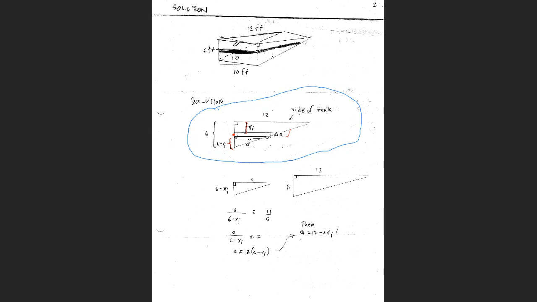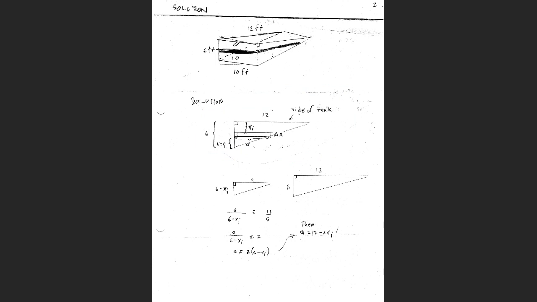Okay, and I need to find an expression for this A. And we know A is going to be some function of x, the distance you are from the top of the tank. So what I do is I say, okay, I can use the concept of similar triangles.